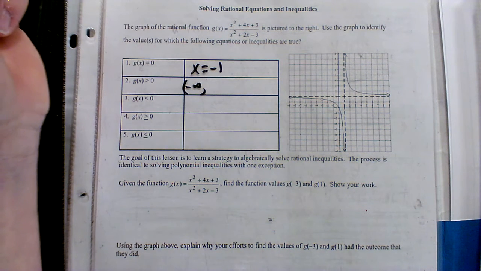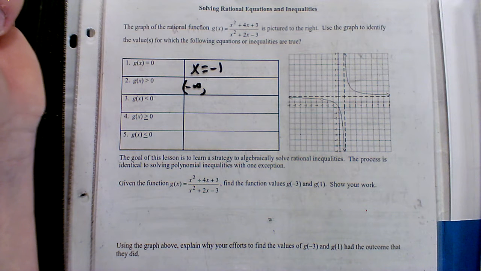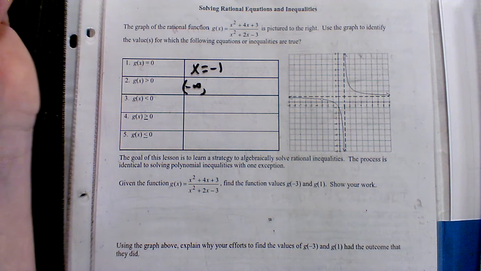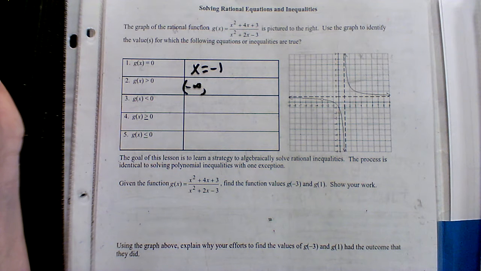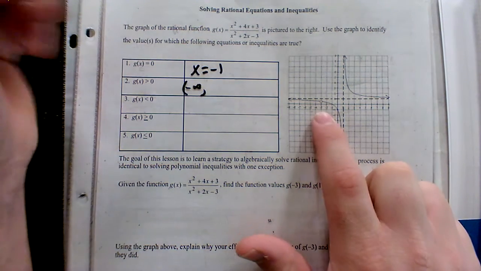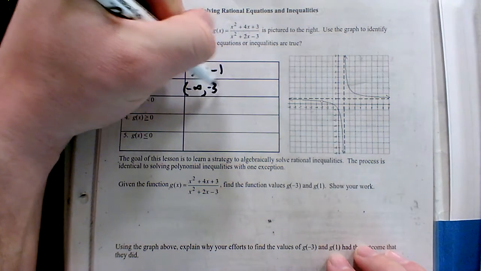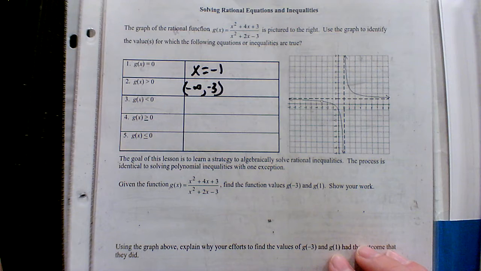With the negative, we are going to eventually use -1, and it is going to need a parenthesis. But I can't go all the way to -1. Something happens first. Oh, -3. There's a hole there. If you look on your graph, we have a hole there. So we have to stop at -3. We can't include -3.